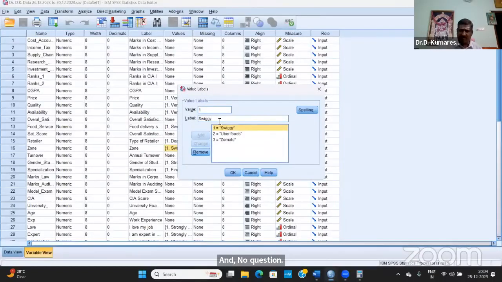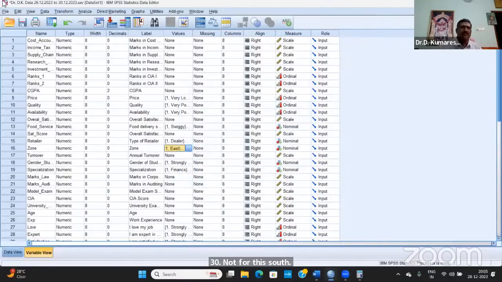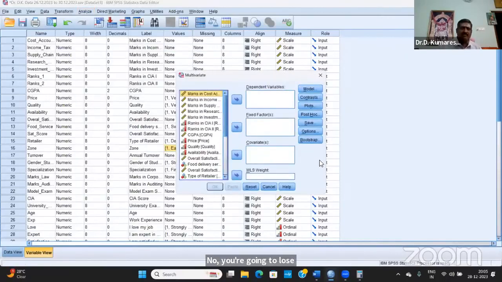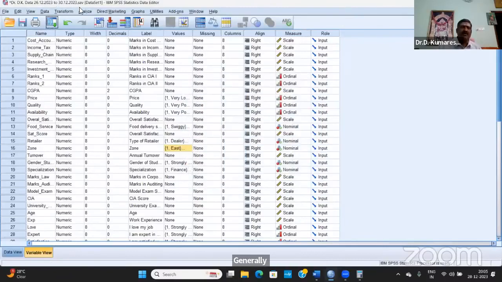Zone one is east, second is west, third is north, fourth is south. Now we go to analyze, general linear model, univariate.